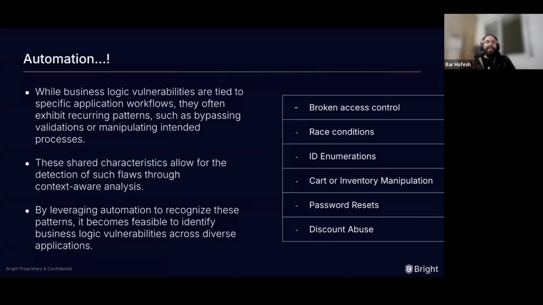Broken access control can be relevant there. Race conditions, ID enumerations, cart or inventory manipulations, password resets, and discount abuse. All of those are common denominators that we can identify regardless of the application-specific workflow. And through that understanding and identification, we can create an automatic process that can find those vulnerabilities.